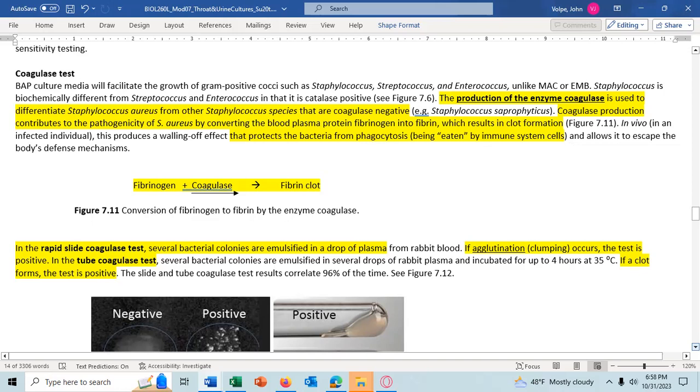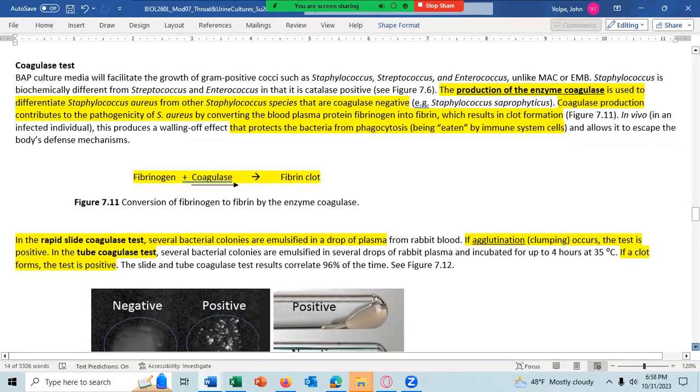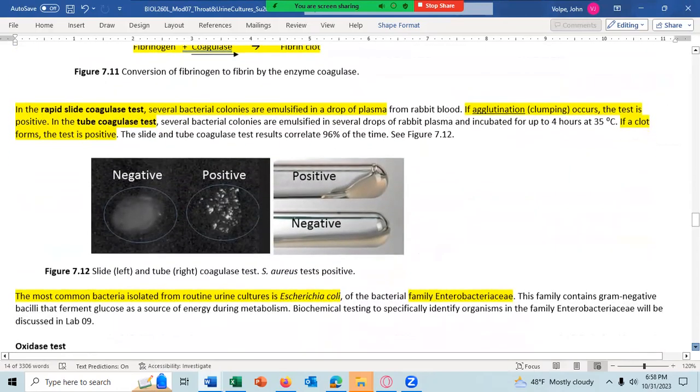If you have coagulase enzyme, the bacteria can convert fibrinogen into a fibrin clot, and then the plasma will begin to clot, and that can help protect Staphylococcus aureus from the immune system, especially when it has first invaded the host and is at low numbers.